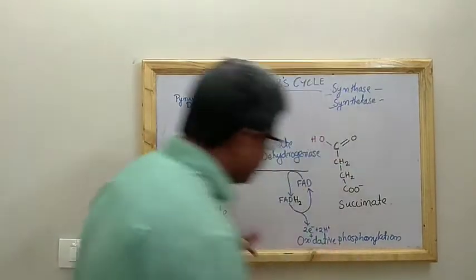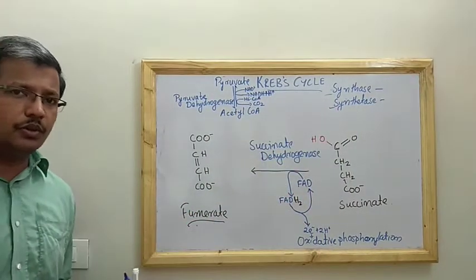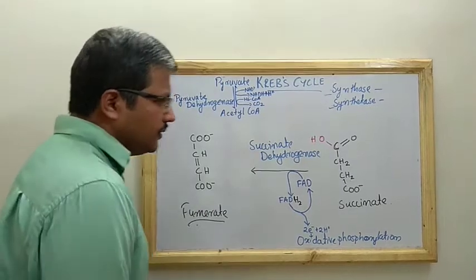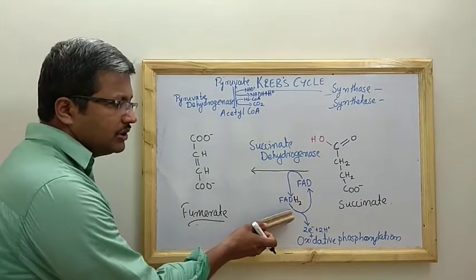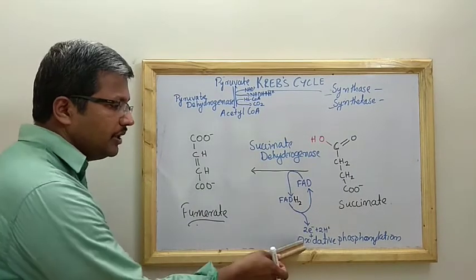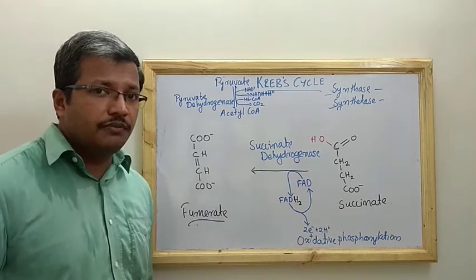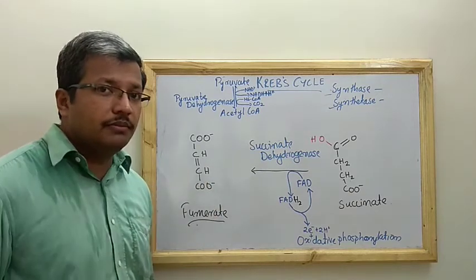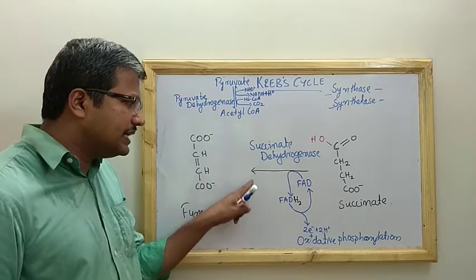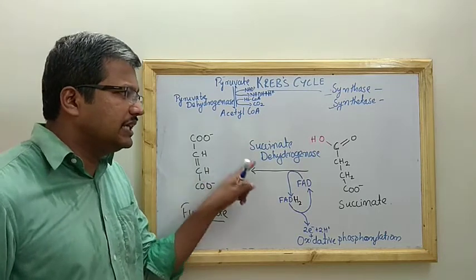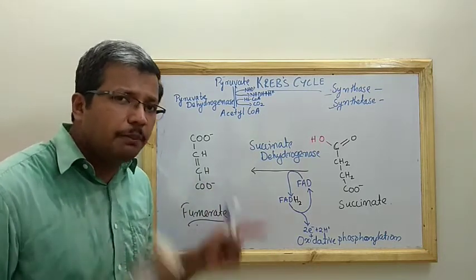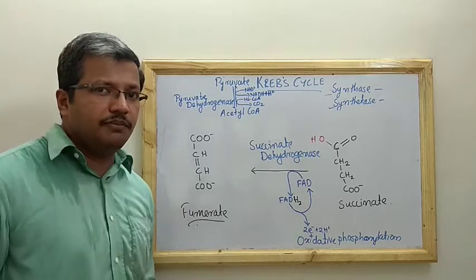Okay, so hope you noted all these reactions. Remember, FADH2 is directly entering into the electron transport chain. The question will be coming, why? Because the enzyme that catalyzes this reaction, succinate dehydrogenase, is actually part of the electron transport chain.